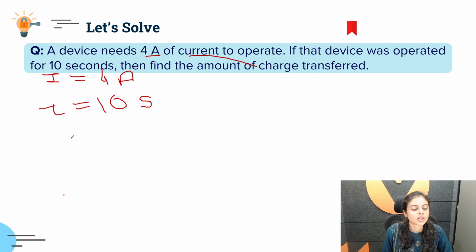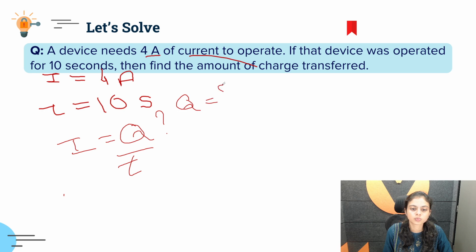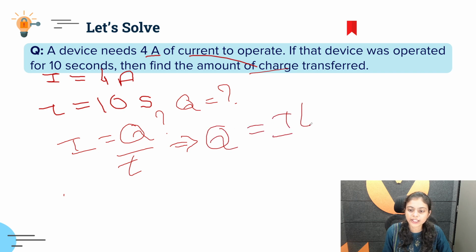The formula of current: I is equal to Q by t. But how will we find Q? We have to find Q. Charge means Q, right? Just rearrange this equation and we will get Q is equal to I into t. Fine. What is I? I is 4, into what is t?